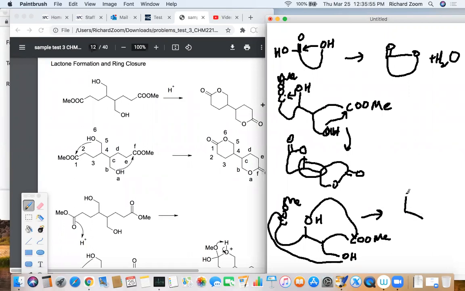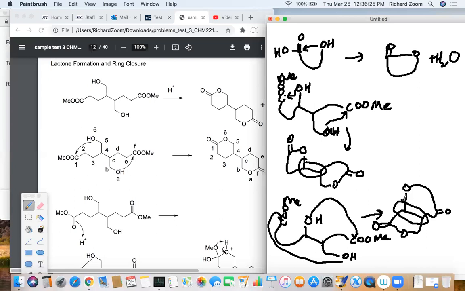So we end up getting this situation. And you can see the difference between the two situations.